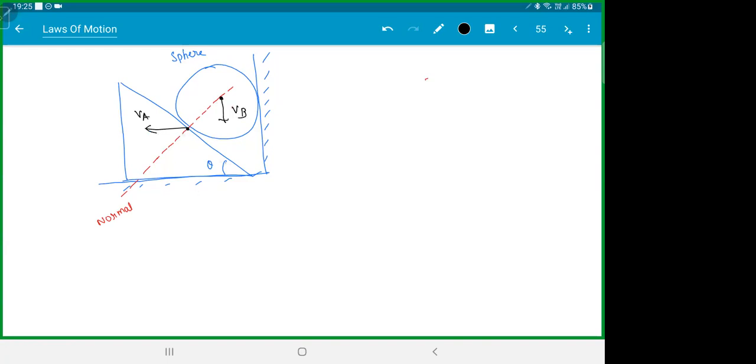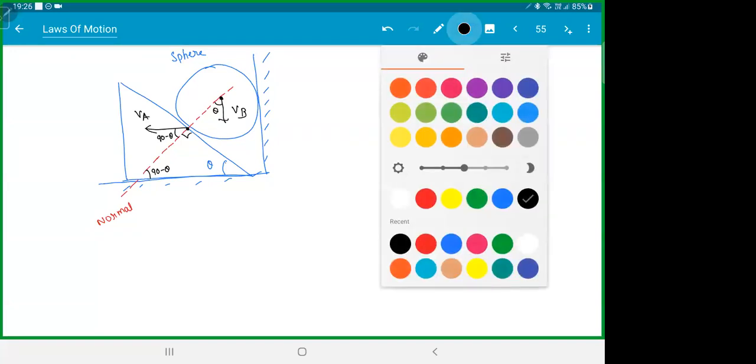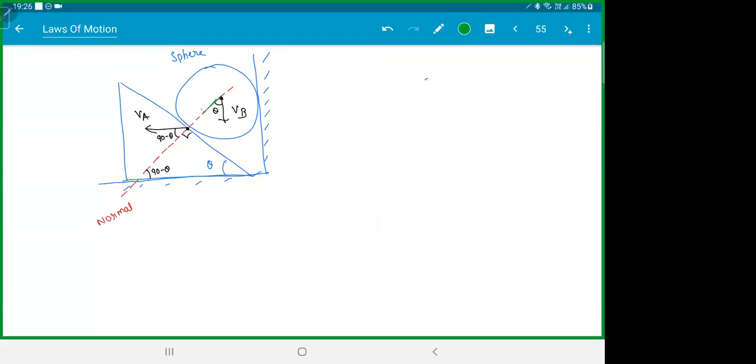If this is theta, this is 90 minus theta. And if that is 90 minus theta, this is theta. So the component of VB along this red line will be VB cos theta. The component of VA along the red line will be VA cos(90 minus theta).